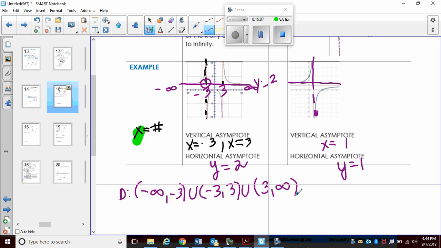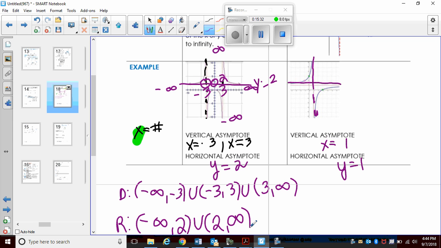Okay? Now the range, using your horizontal asymptote, is going to start at negative infinity, go up to 2, put a union, start at 2 again, and keep going to infinity.